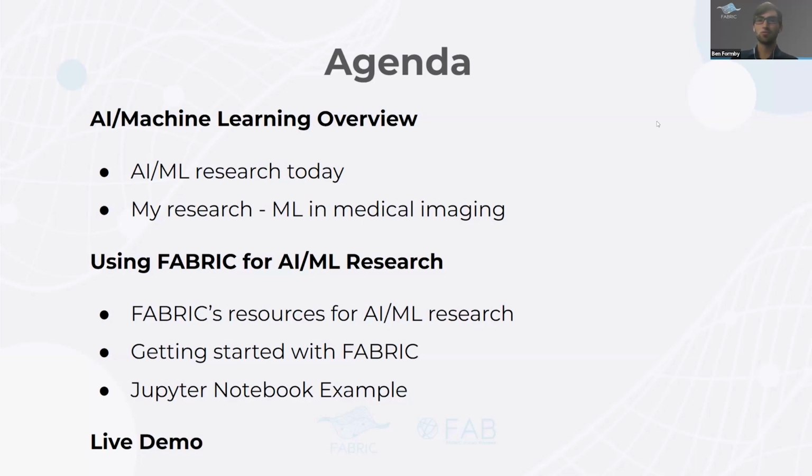And then I will go through what resources Fabric has to offer for AI and machine learning research and how we use Fabric for our research. I'll talk about how to get started with Fabric, and then I will go through a Jupyter Notebook tutorial on how to reserve some of these resources on Fabric. I will end with a live demo of the experiment that we're running at Clemson University with the medical imaging application of AI.